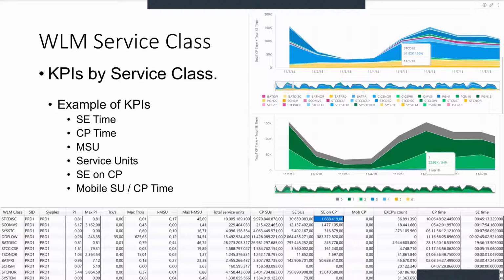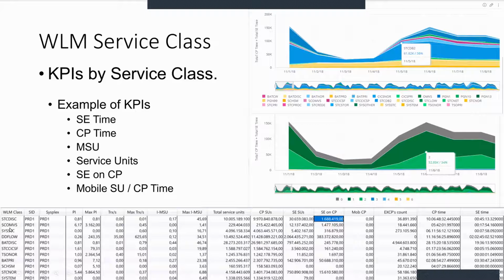If you want to see the information by service class, you have the same KPIs available for a specific service class, or if you want to see it by WLM importance, you can see the same consumption KPIs. Here is just an example by service class, the consumption on CP time plus inspection engine time.